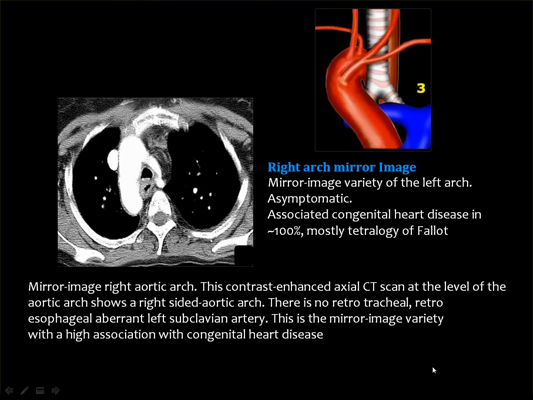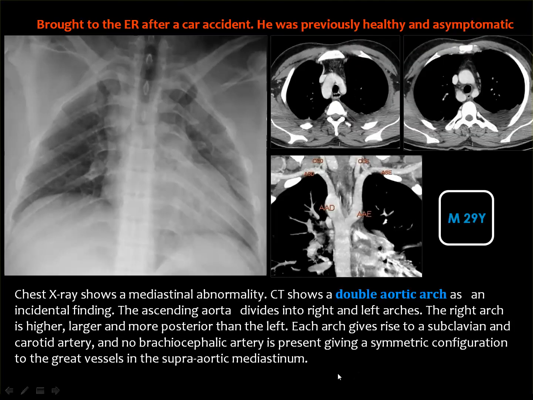This is what we call right-sided aortic arch or mirror image aortic arch, where the aortic arch is to the right side and giving its usual branches. This is the left subclavian, left common carotid, the innominate artery giving the left subclavian and common carotid, or both originating directly from the aortic arch.